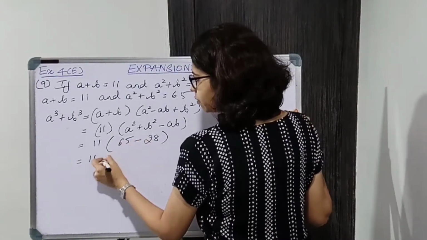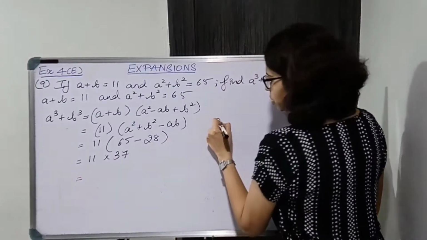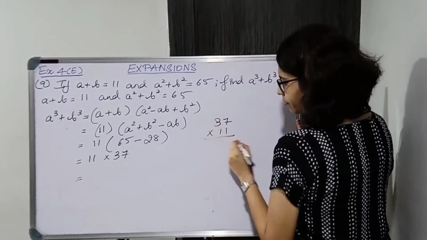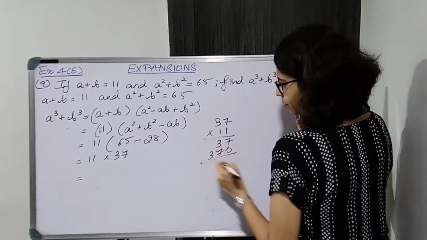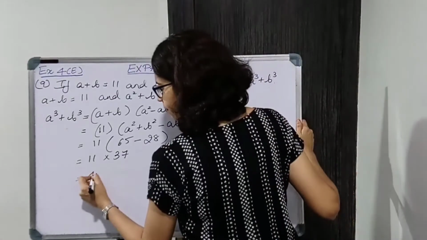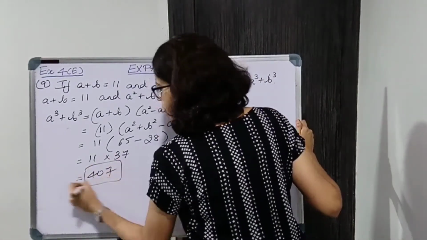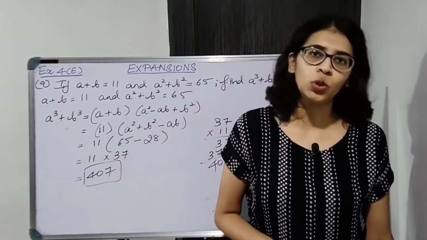So this will give 37. So 37 into 11. So this will give you 407. Okay, so you can use this formula or you can use a plus b the whole cube wala formula.